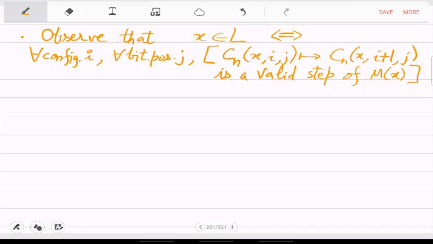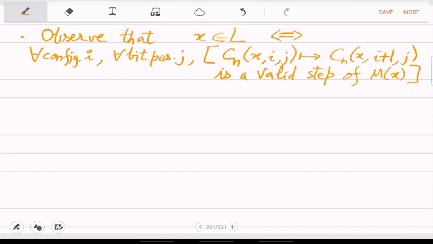Okay, this is easy to check. This is in polynomial time because you just have to look at the finite control of M and what that dictates.